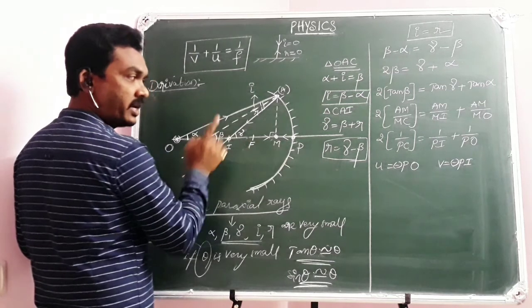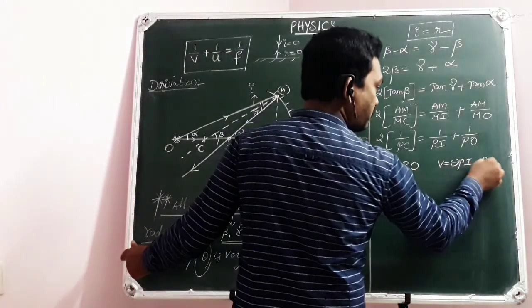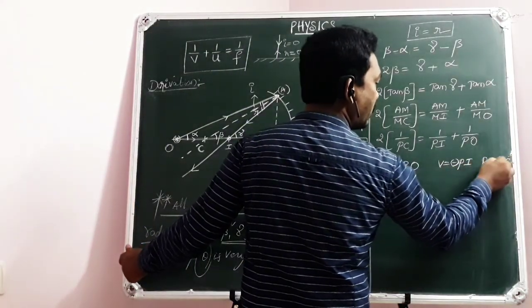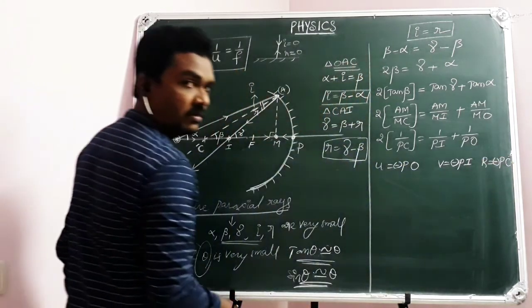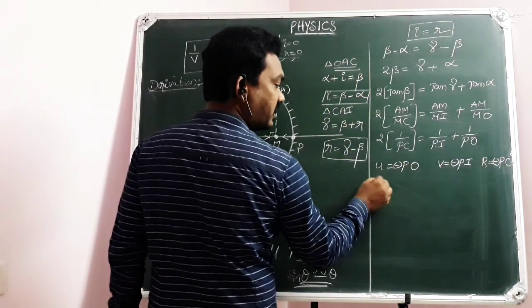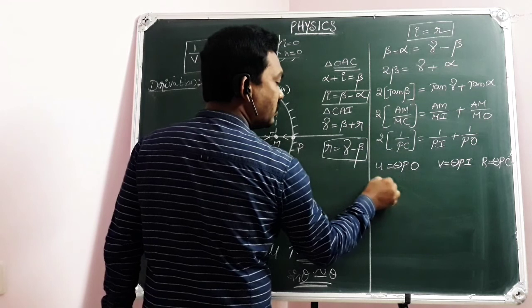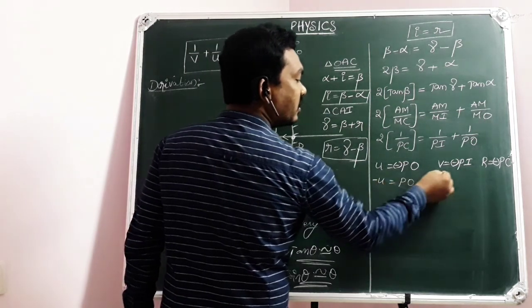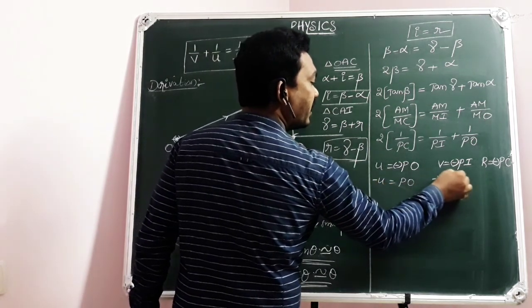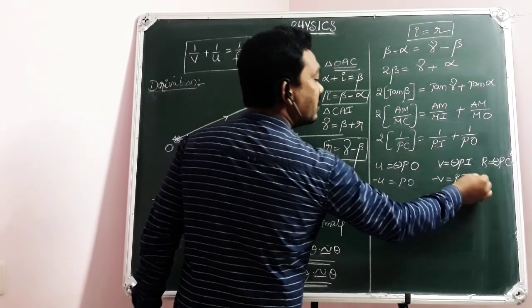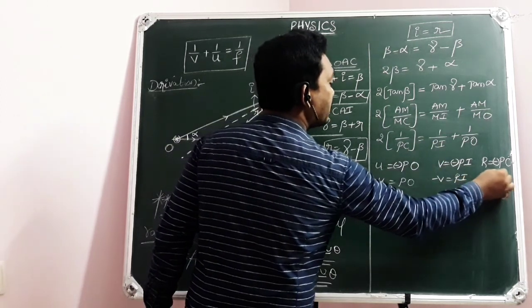Next, PC, the radius of curvature. Of course it is negative, because for a concave mirror the radius of curvature is negative. As all are given, you can write minus U is equal to PO, minus V is equal to PI, minus R is equal to PC.